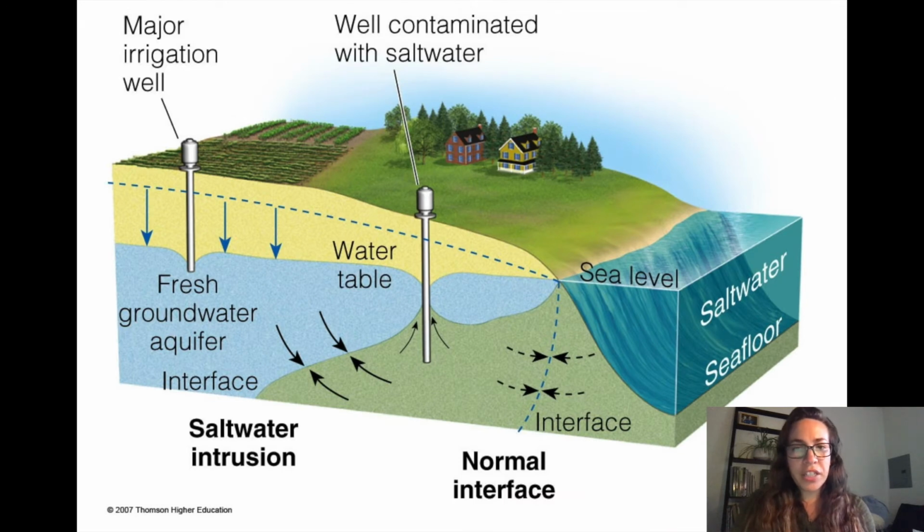The other major issue with aquifers is saltwater intrusion. For those people that live coastally and want to access the fresh groundwater, if you delve deep enough, you actually have infiltration from the seawater. And if you dig deep, there is actually seawater under the ground.